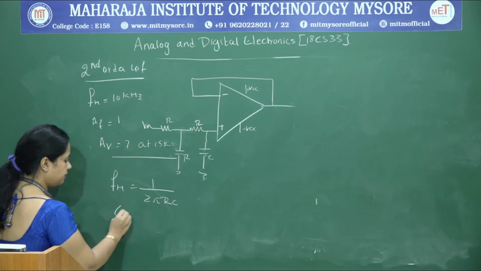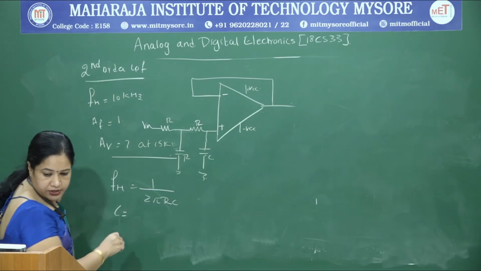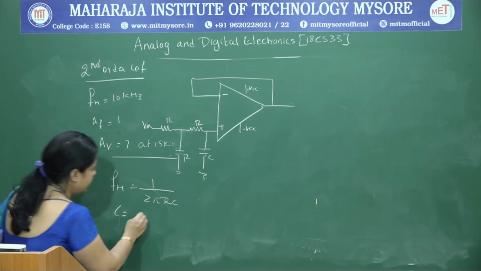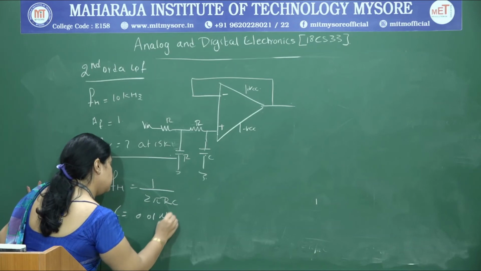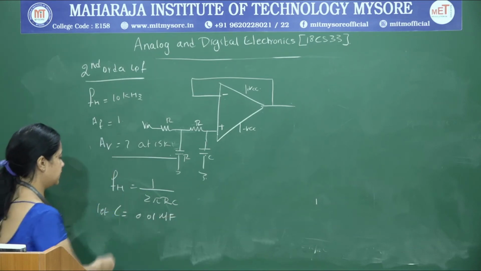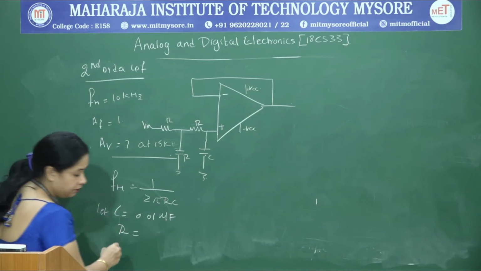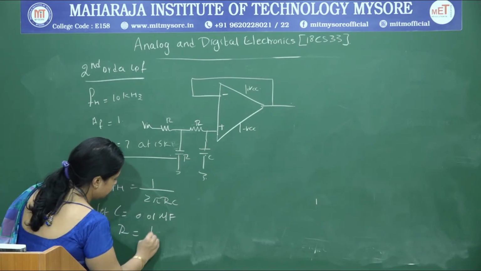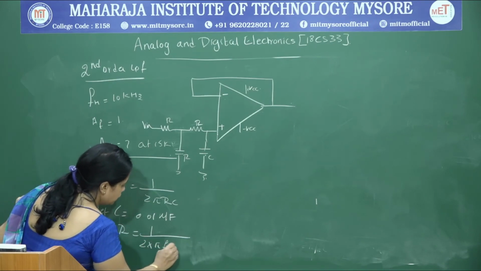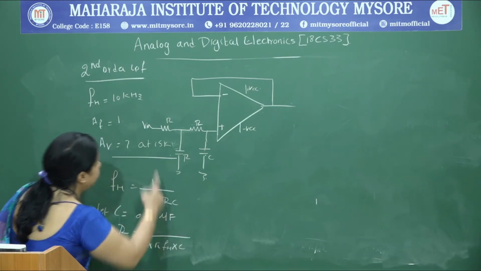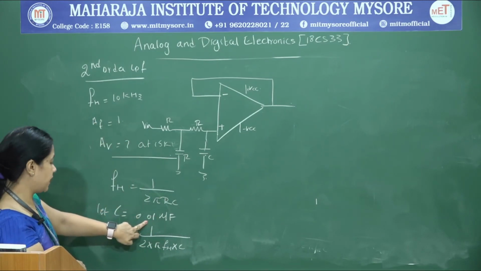Let me choose a convenient value of capacitance equal to 0.01 microfarad, and find the corresponding resistance value. You substitute all these values, 1 by 2 pi FH into C. FH is 10 kilohertz and the capacitance value taken is 0.01 microfarad.